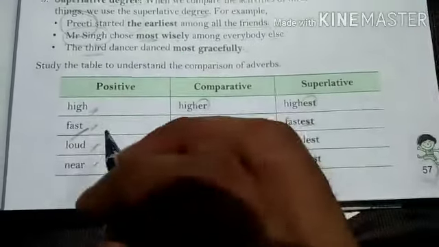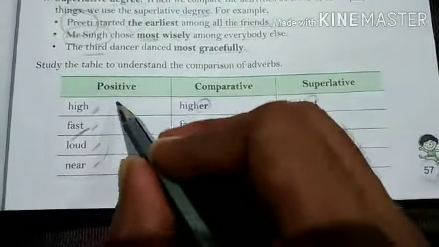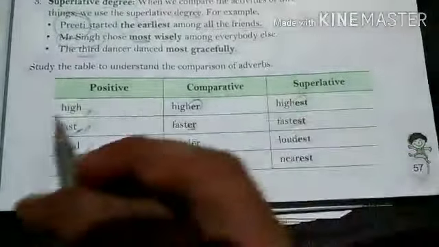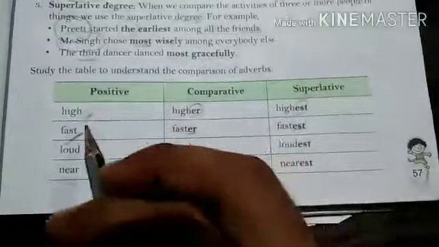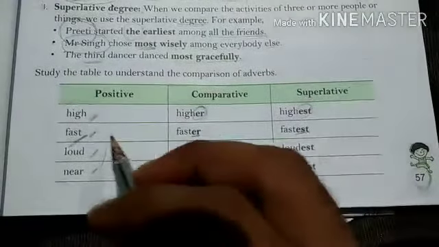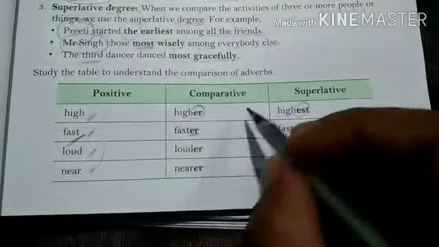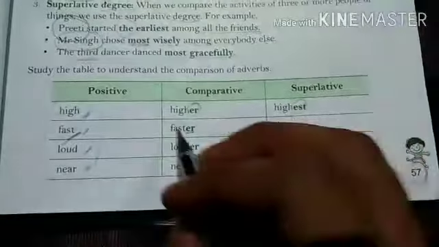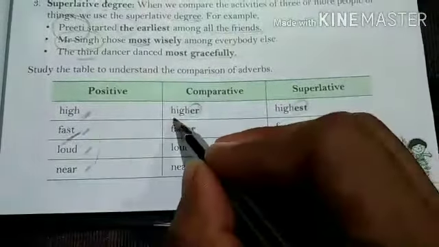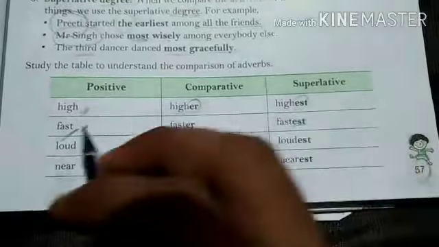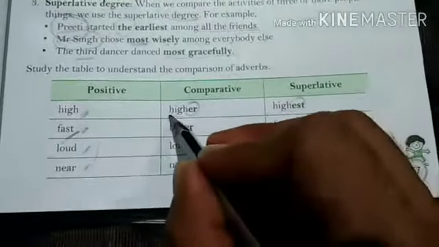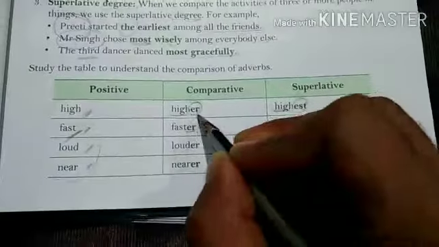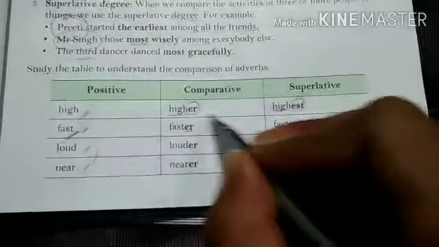The adverbs which I am showing here in this table are regular adverbs. Why? Because in every degree we have the same word. Like high. Here also we have high, and here also we have high. We have added er and est and made higher and highest.